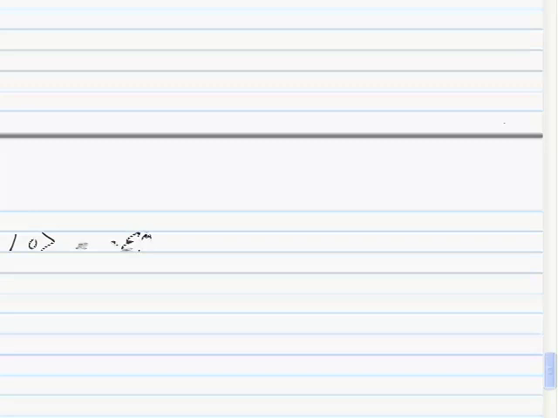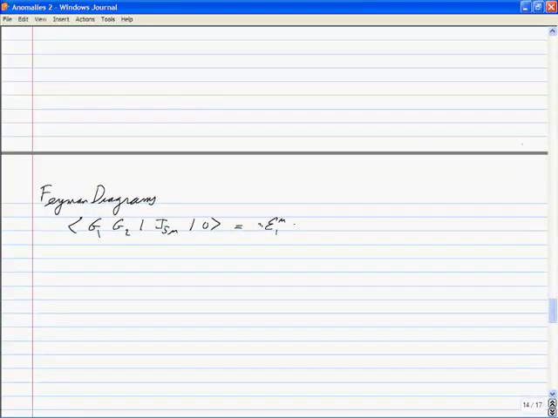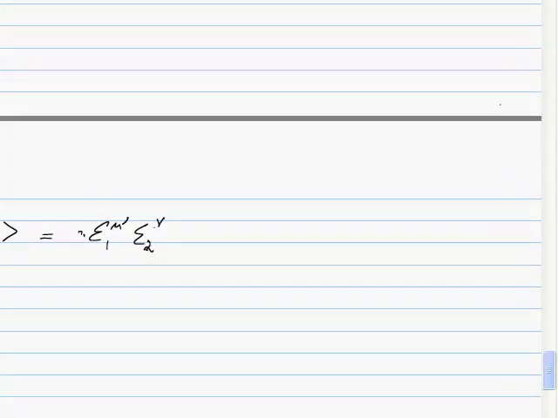That's epsilon mu 1, epsilon 2 nu, times some matrix element T mu alpha beta.